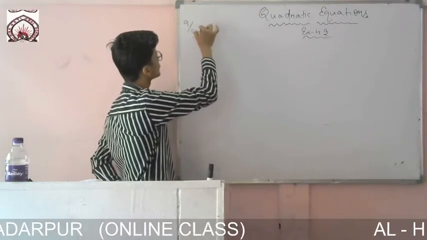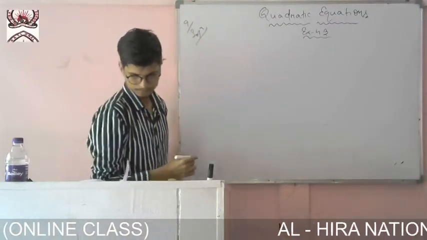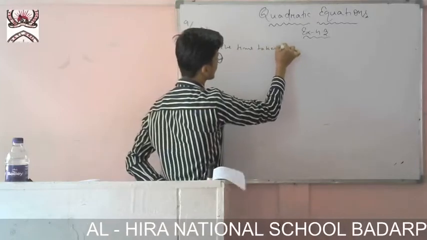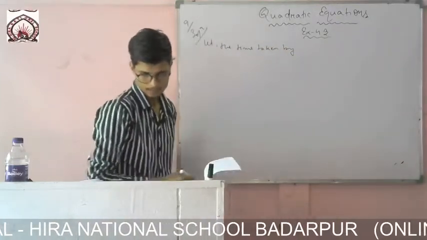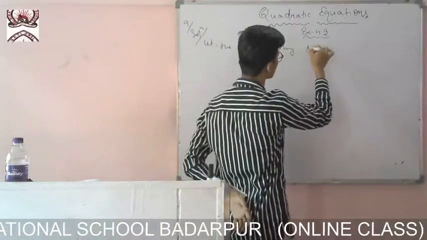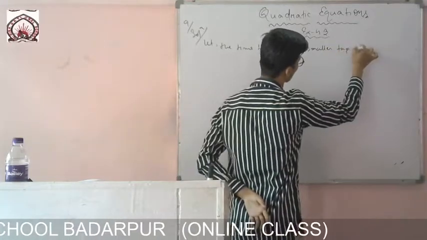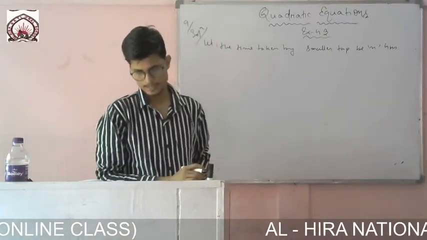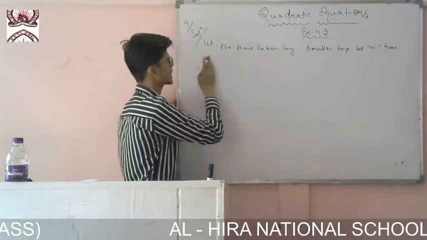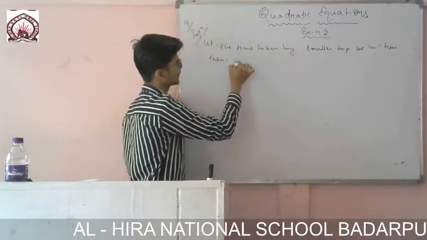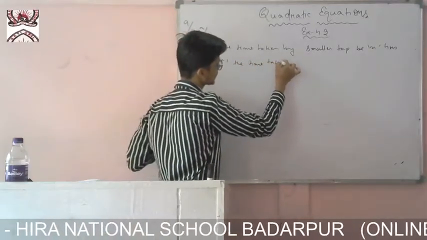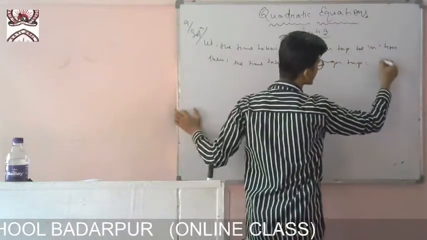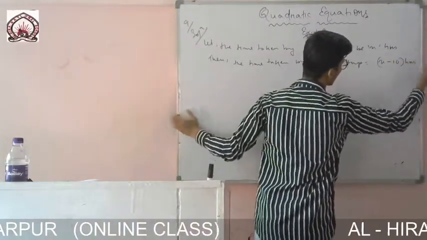Let me write the solution. Let the time taken by smaller tap be x hours, then the larger tap will take 10 hours less, so the time taken by larger tap will be x minus 10 hours.